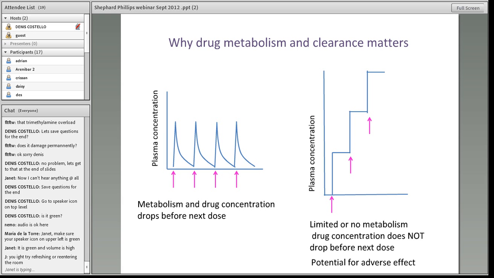And this, of course, can have very dangerous consequences, because in effect the person will be inadvertently taking an overdose of a tablet because they cannot clear the drug effectively.